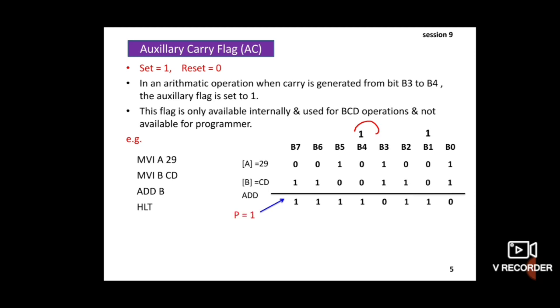So instead of this P, write here AC. There is a printing mistake. Instead of P, write AC, because the auxiliary carry flag is set to 1 in the above arithmetic operation. Understood, student? How the auxiliary carry flag is set or reset?